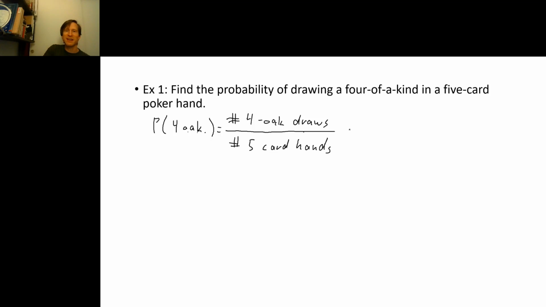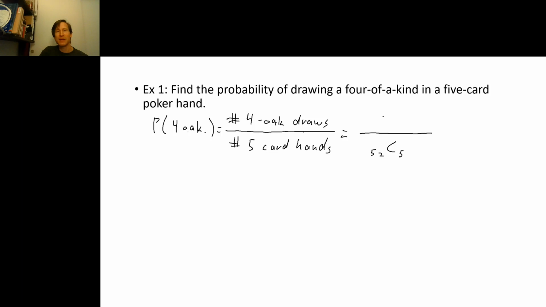As we mentioned a second ago, the number of 5-card hands is going to be 52 choose 5. So all we need to do now is figure out how many ways there are of drawing a 4 of a kind for a 5-card poker hand.